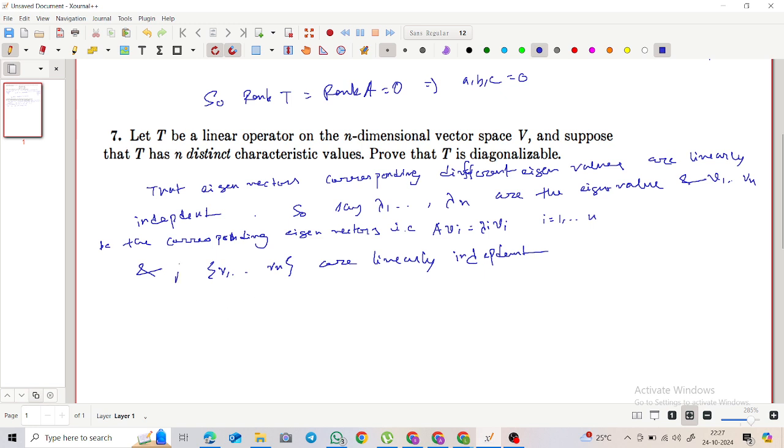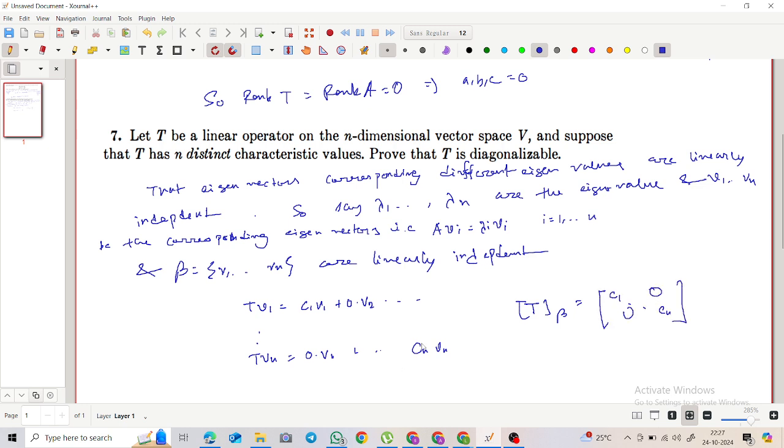So if you evaluate T with respect to this basis, what is TV1? That is C1 V1 plus 0 V2, and so on, and TVn is 0 V1 plus Cn Vn. So T with respect to beta is diagonal with C1 to Cn.